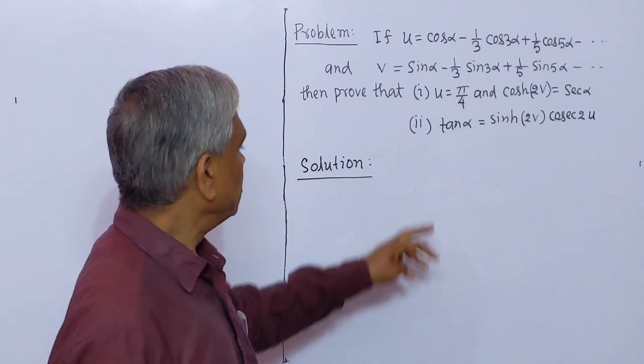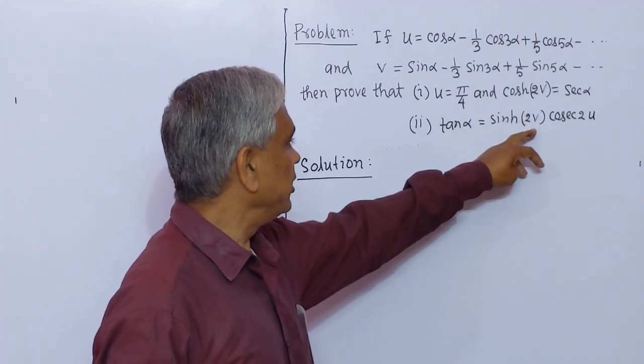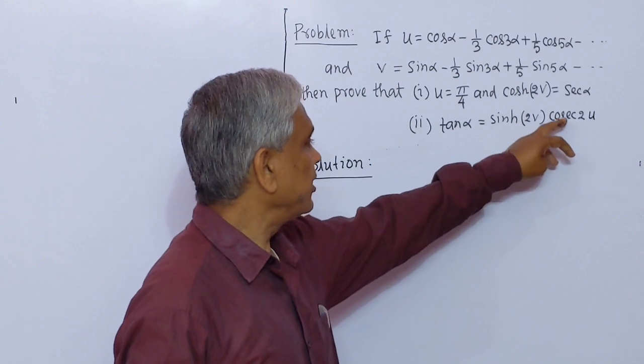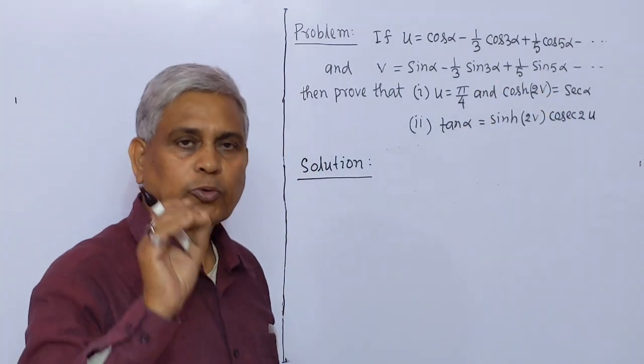Number 2, tan alpha equal to sin hyperbolic 2v multiply cosec 2u. Now we prove this.